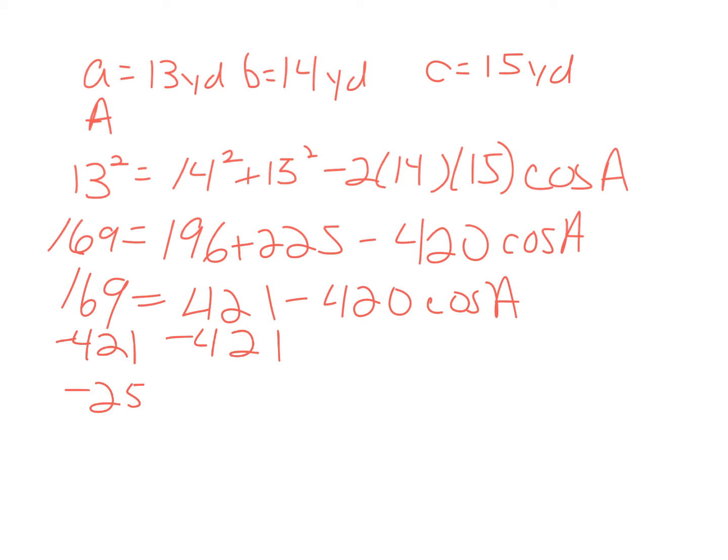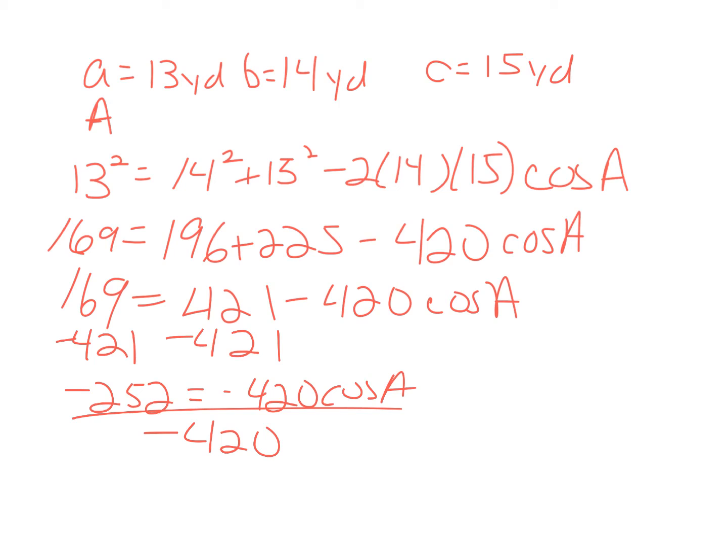And that will get us negative 252 equals negative 420 cosine A. And then we need to get cosine A by itself, so we divide by negative 420. You're not adding 420. Why? Because you're multiplying negative 420 times cosine A, so you can't do that. So then we divide both sides by negative 420, and you'll get 0.6.